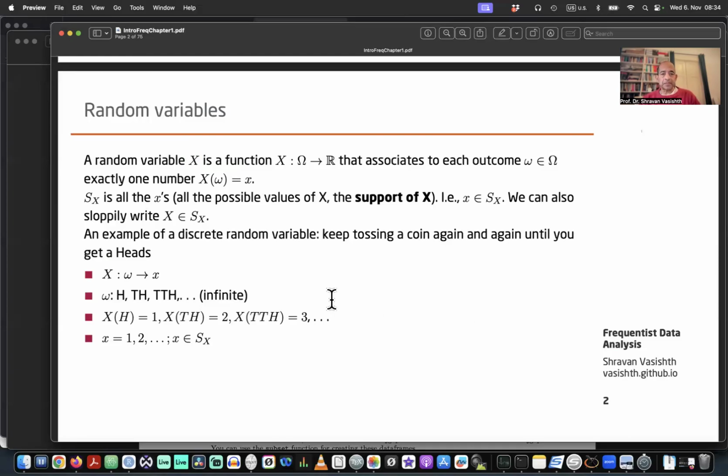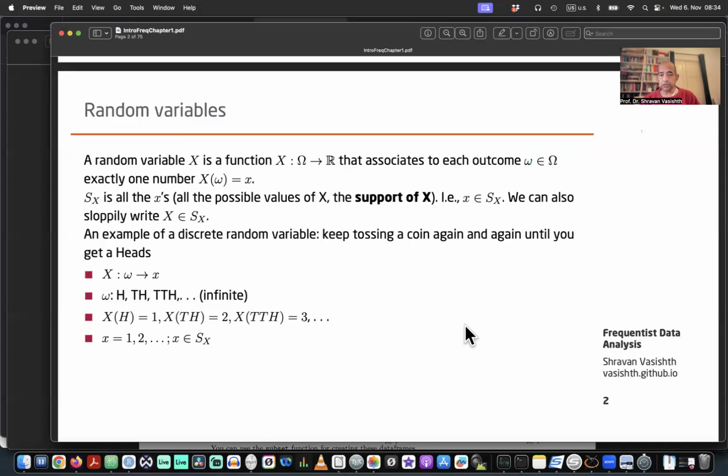Mathematically, this random variable is a function that associates with every possible outcome that we might observe in an experiment. The outcome could be the result of a coin toss, like 0 for tails, 1 for heads, or it could be reading times in milliseconds, or electrical responses on the scalp in microvolts. That's what I'm calling an outcome.